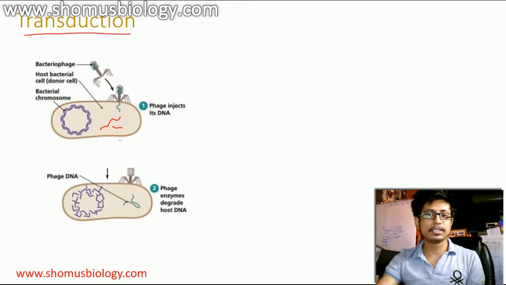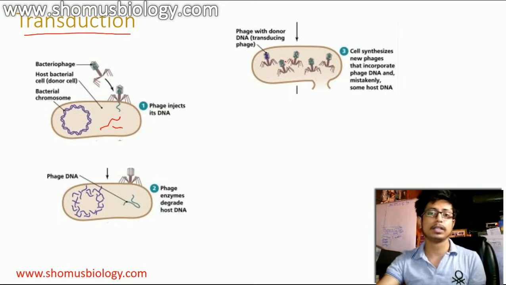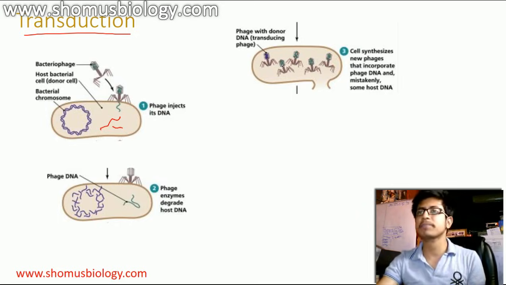Once the phage does that, the phage DNA itself starts replicating, producing more phage genetic material. Once they produce so much phage genetic material, they process it and put it inside the capsid of the new progeny phage. This is known as packaging, the packaging of phage DNA inside the phage head.